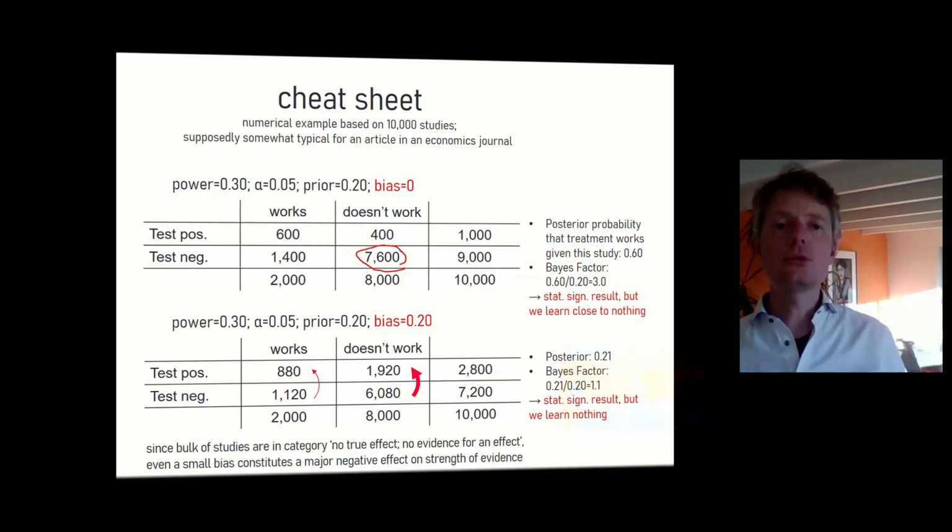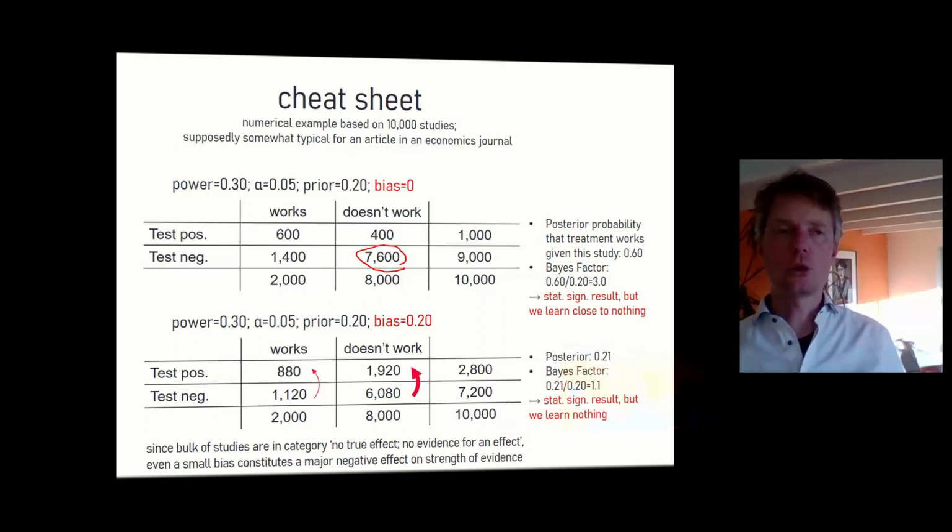If we then compute the posterior, then we get 0.60. So the base factor is then 0.60 over 0.2 is 3.